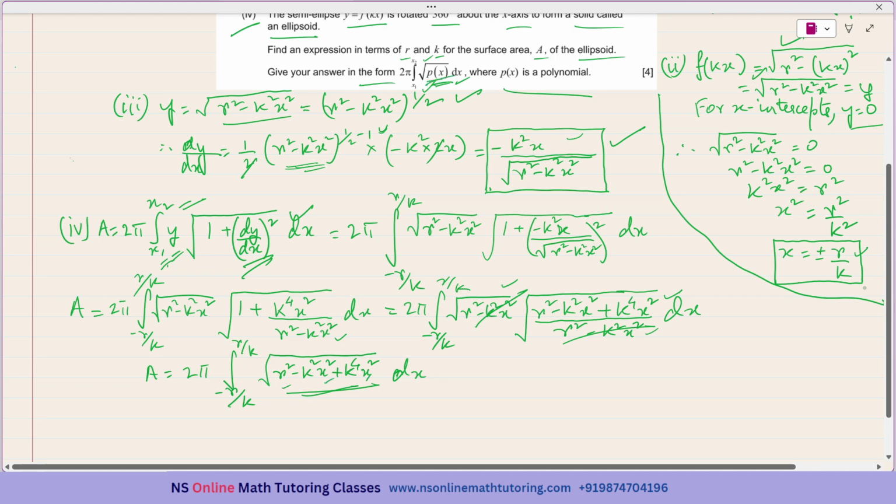So this is a polynomial of x, where p of x is equal to r square minus k square x square plus k to the power of 4x square. Okay. So this is the expression that we were required to get.